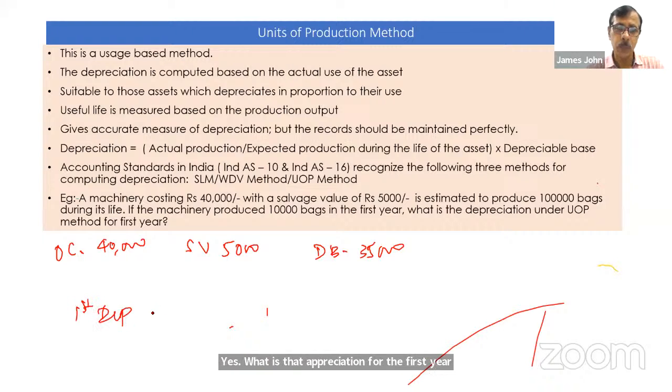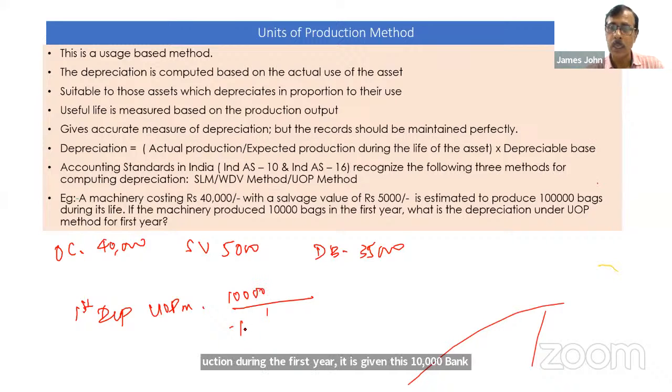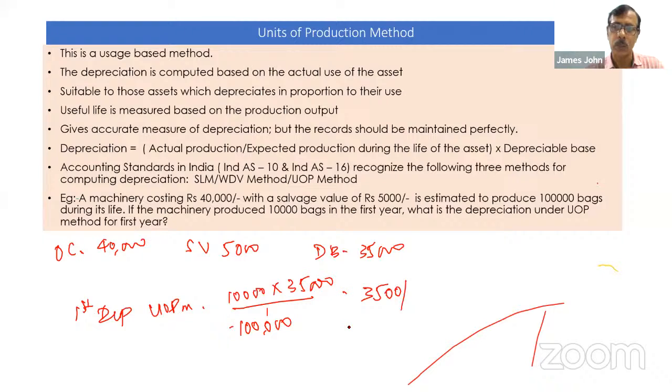First year depreciation under units of production method, you use the formula. What is the actual production during the first year? It is given as 10,000 bags. And estimated production is 1 lakh. And the base is 35,000. You will get the depreciation as 3,500. Clear? So apply the formula.